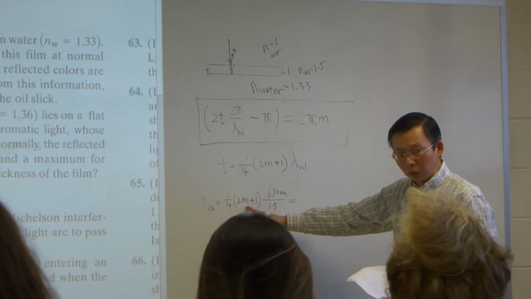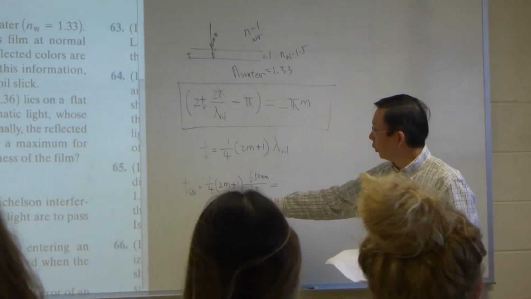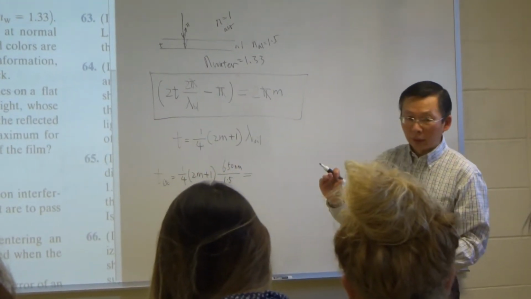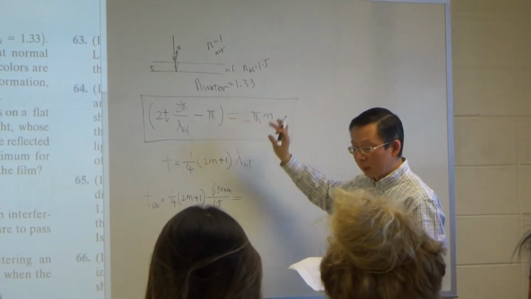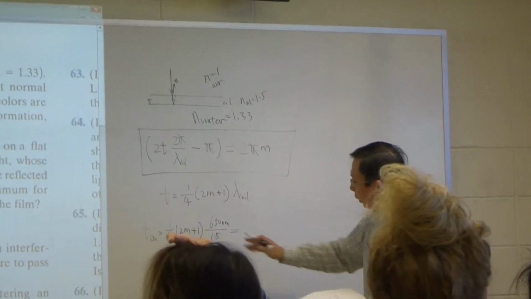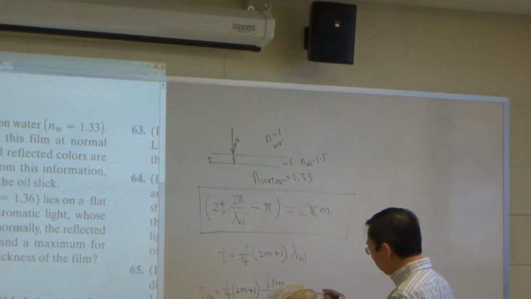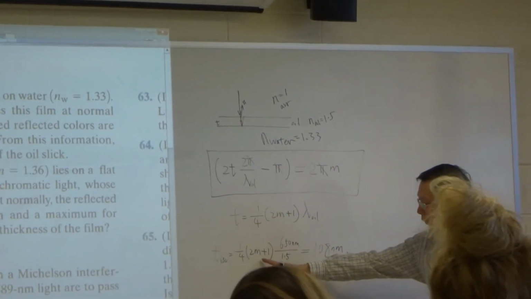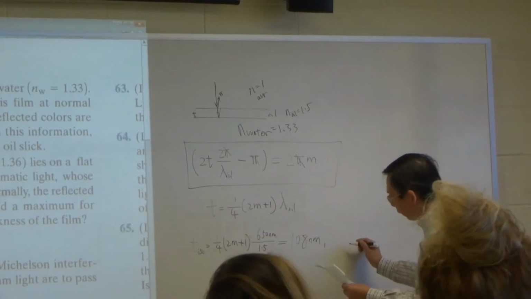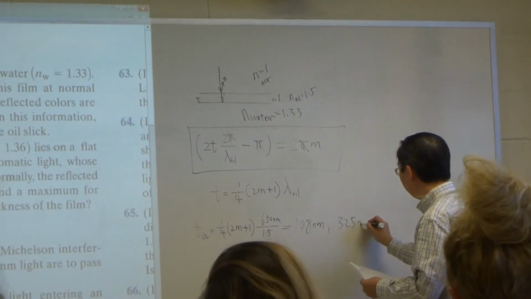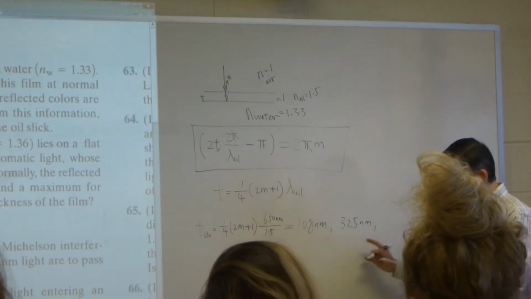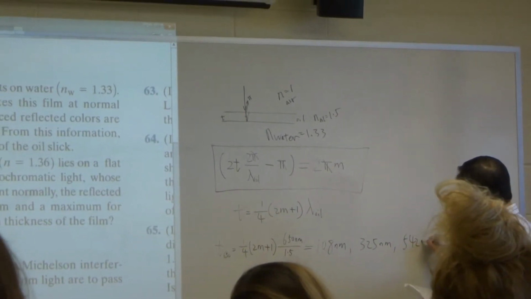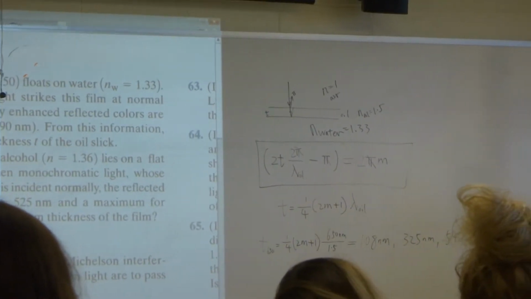If m is 0, you can calculate that number, which is 1/8 nanometers. If m is 1, it's also possible. Again, that number is 325 nanometers. If m is 2, it can also be calculated. Any number is also possible, 5.2 nanometers, and so on.